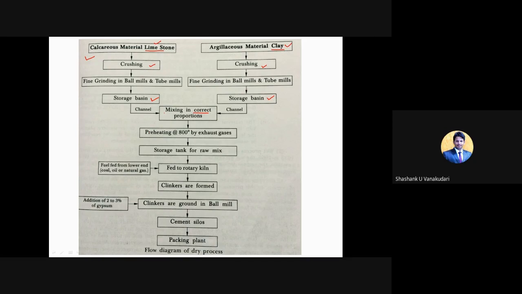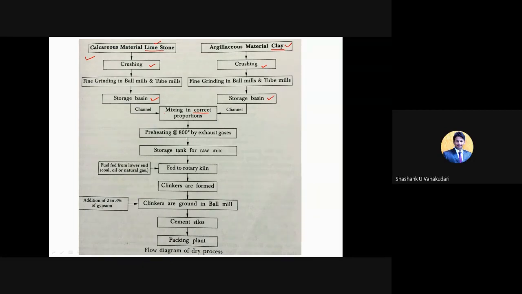It is preheated at 800 degrees Celsius by exhaust gases. This consists of four different stages, and I will show you in the video how exactly it works.